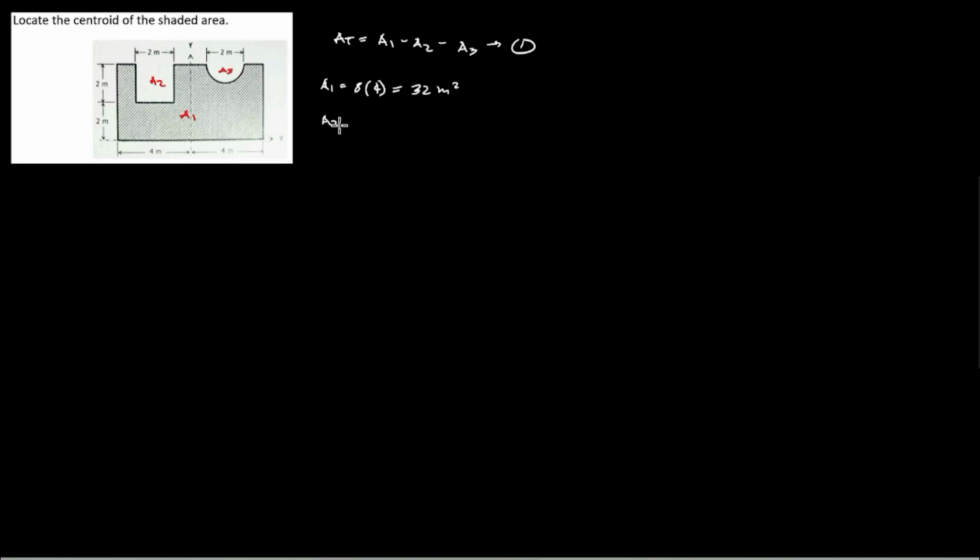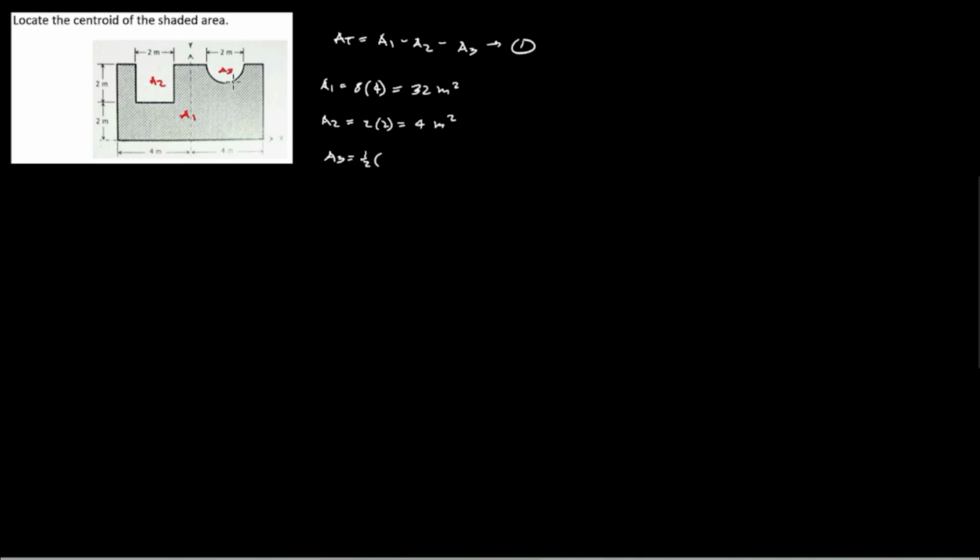Area 2, which is a square, is 2 meters by 2 meters. So 2 times 2, and the area is 4 square meters. Area 3 is a half circle, and the formula is 1/2 of the area of the circle.